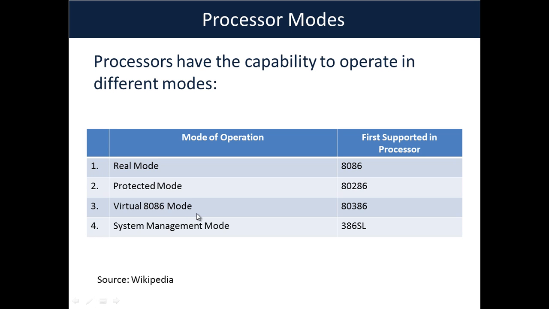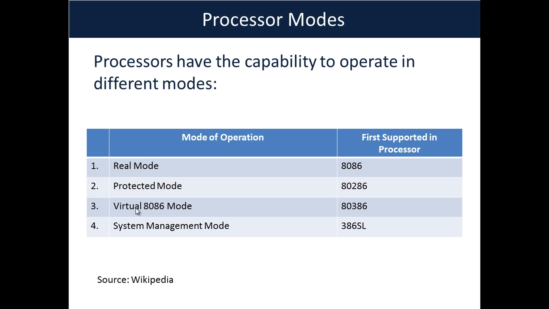Virtual 8086 mode is something which allows real mode programs to run within protected mode. This comes in handy when you want to run DOS programs, let's say within Windows, right? We'll look at this later. Finally, we have the system management mode, or SMM as it is popularly called. This is typically used to debug problems in chips.